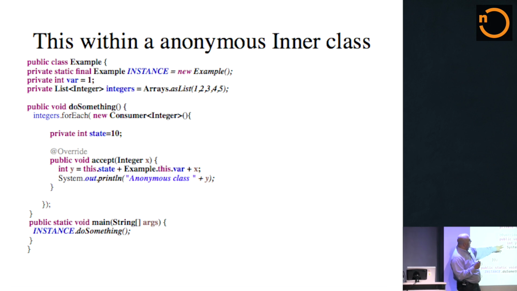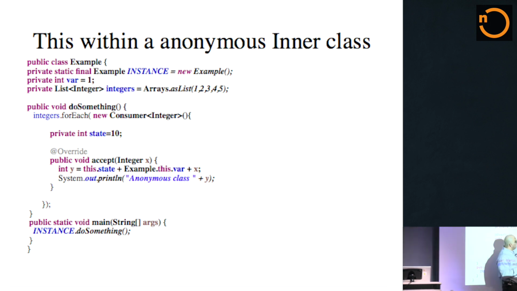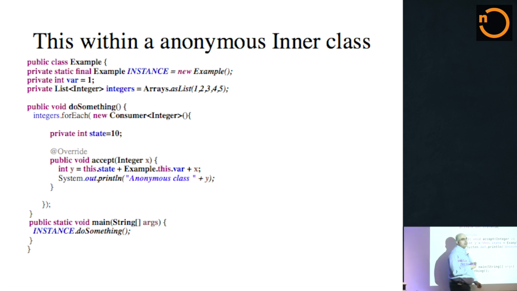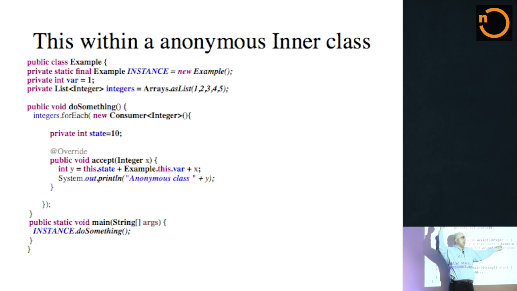Now, if I want the var that's outside, I have to say example.this.var right here. I can't do that the way I did with the Lambda expression. Who's had to write this kind of code to get the this on the outside object? Yeah, it's kind of fun, right?